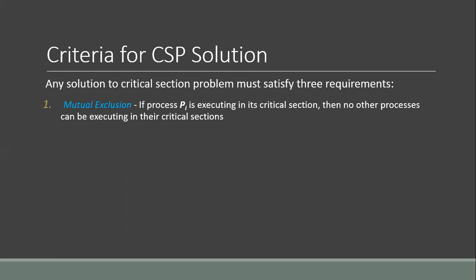For example, we can say that critical section is just like an ATM machine. Only one person at a time can use this ATM machine. So only one person should be allowed in the room which is having the ATM machine.